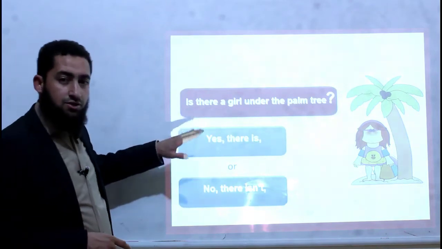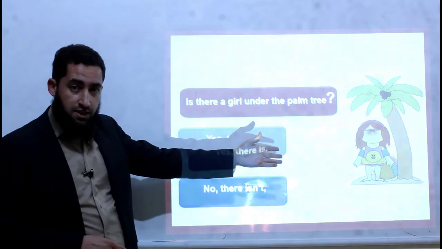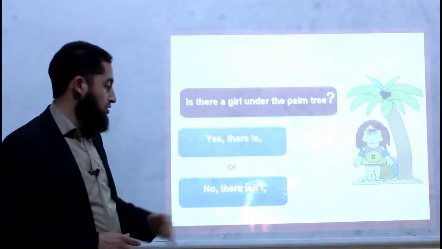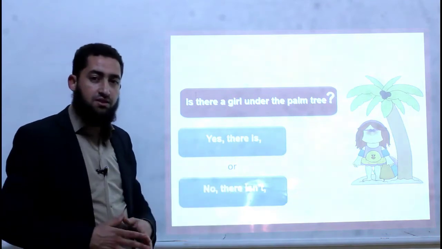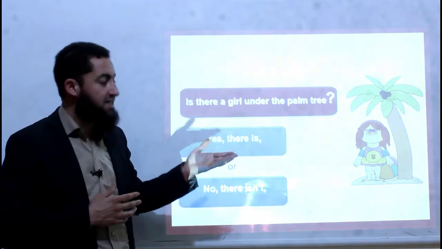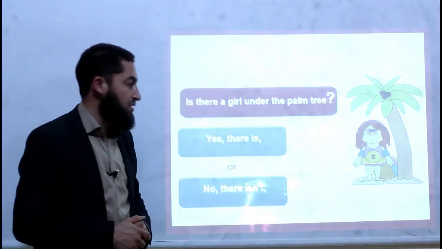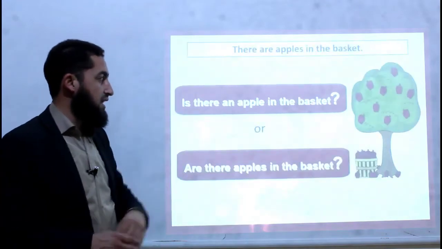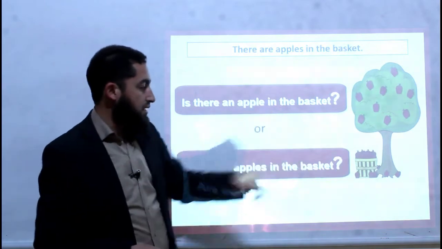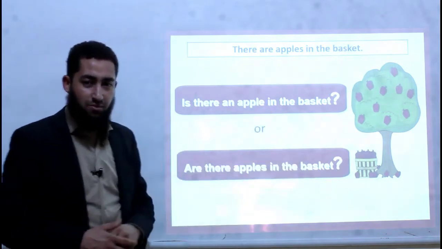The next example. Now we are going to answer the question. Is there a girl under the palm tree? Yes, there is. Or no, there isn't. Which one is correct? Yes, there is a girl under the palm tree. So the answer is yes, there is. Number 2, is there an apple in the basket, or are there apples in the basket?